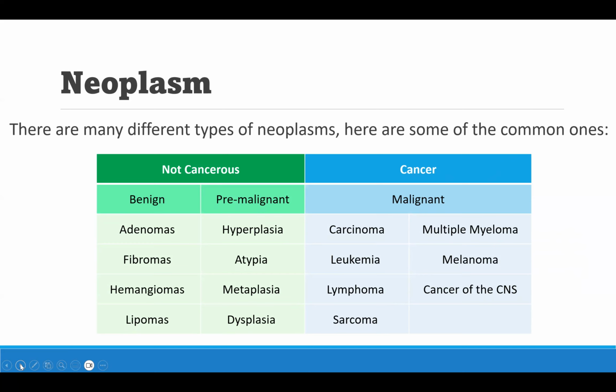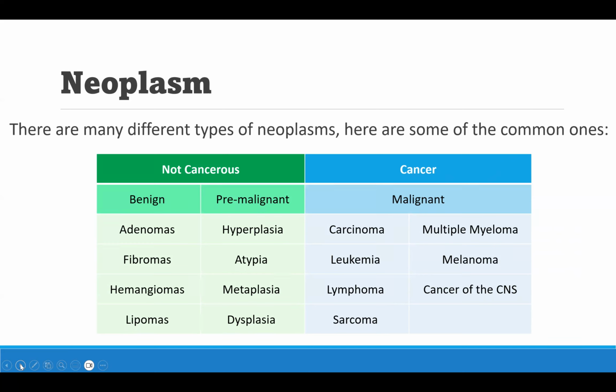In other words, if you understand, there's very few benign or non-malignant tumors, et cetera, that risk adjust.